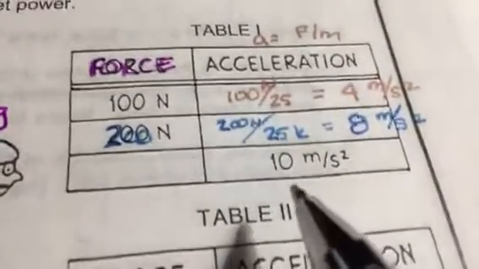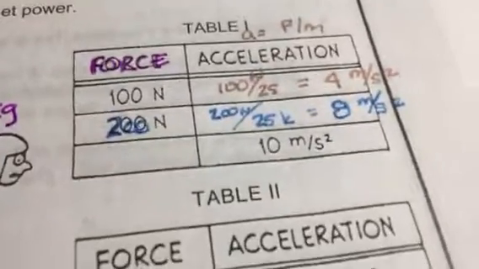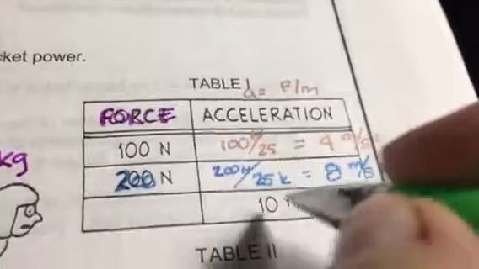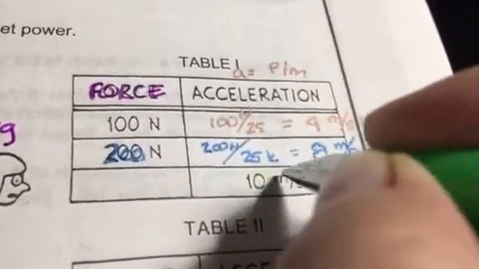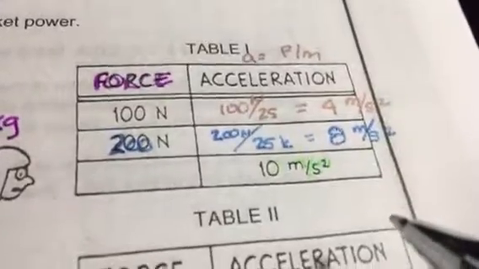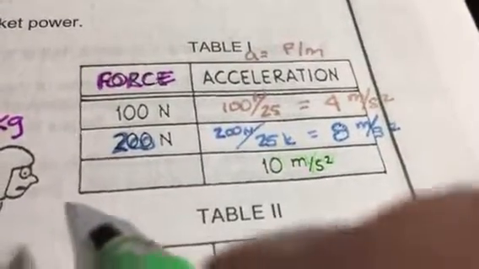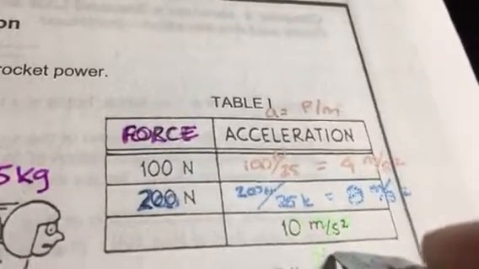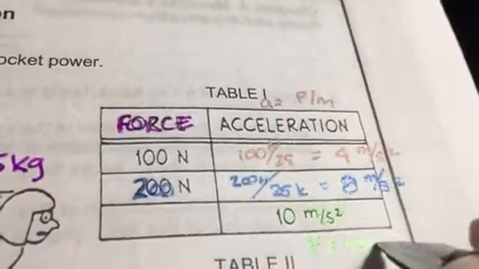What about the other way around? What if our acceleration is 10 meters per second squared? What does that tell us about the force? Well, force is equal to mass times acceleration.